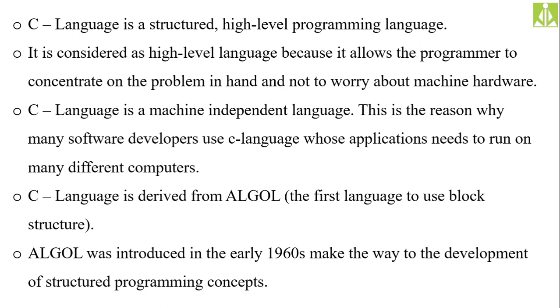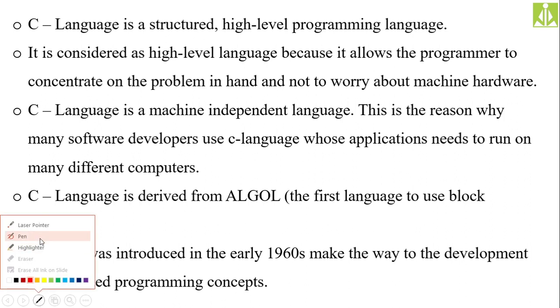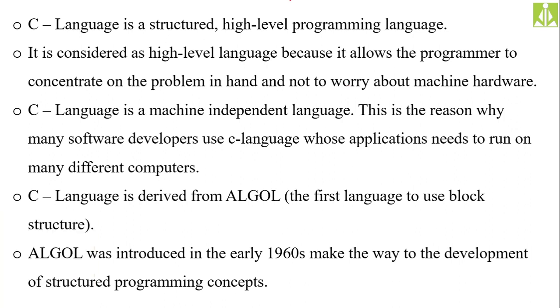The reason for calling the C language a high level programming language is that it gives the programmer the flexibility to focus more on the problem in hand rather than on the machine hardware, the computer hardware.